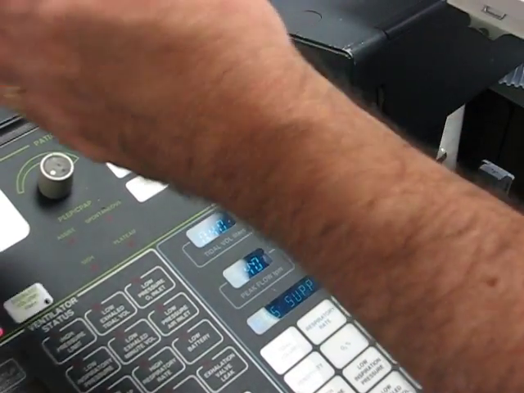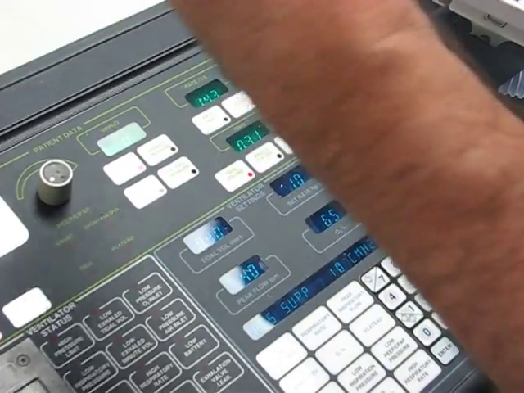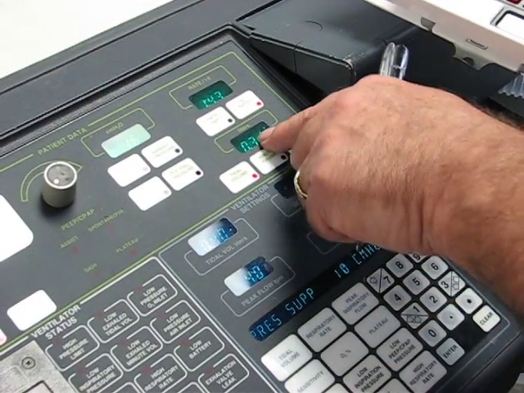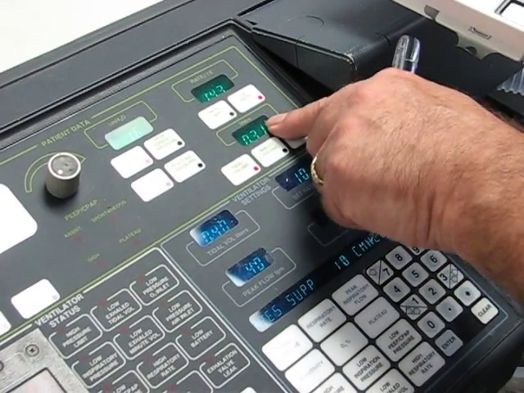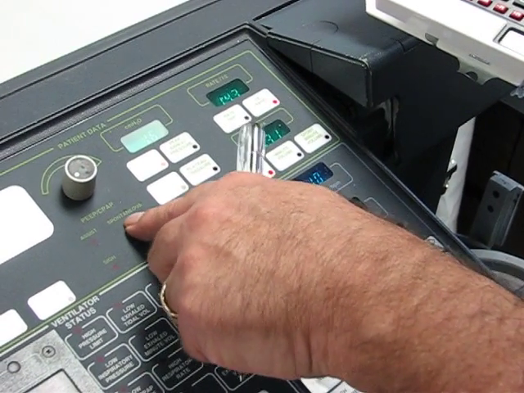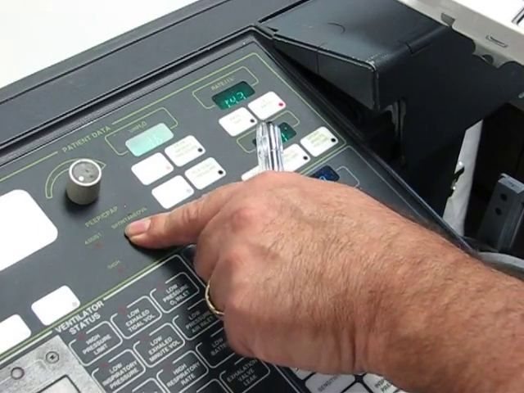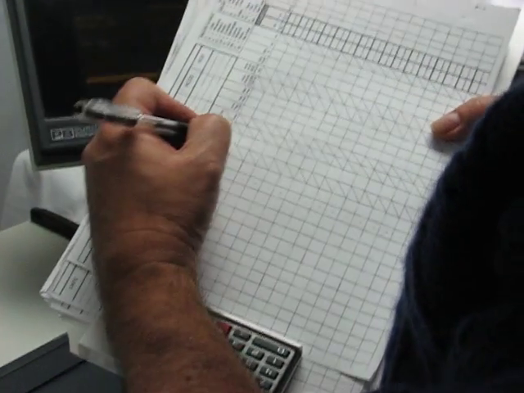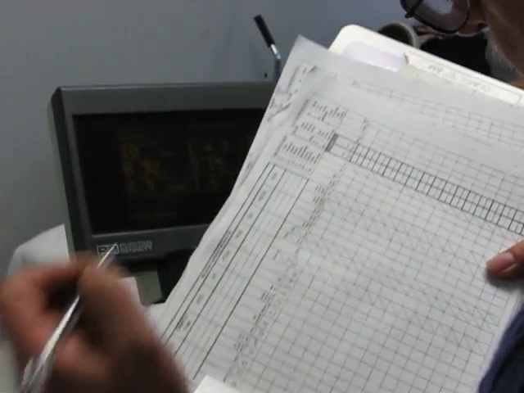If he was a real patient and took a spontaneous breath, it would probably be like 100. So you would see the drop in volume, and this little red light under spontaneous would light up for a spontaneous breath. Okay. So that's what you would put here. Since he's a dummy, has no spontaneous breath, we'll just put 0.